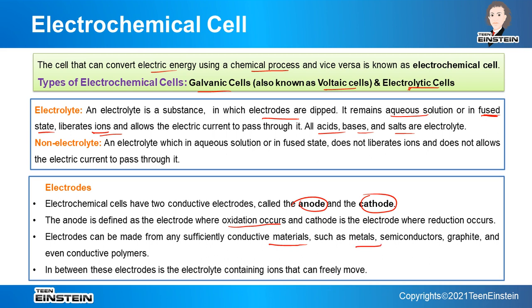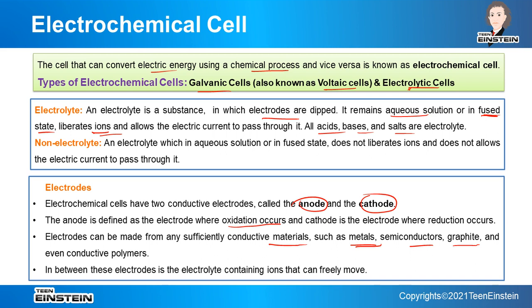Metals are okay, semiconductors can be used, graphite can be used, and even conductive polymers. The metal may be inert, not taking part in the reaction, for example platinum, because it is very stable under normal condition, and there may be some reactive metals which take part in the reaction.